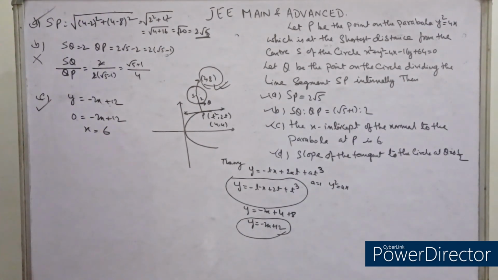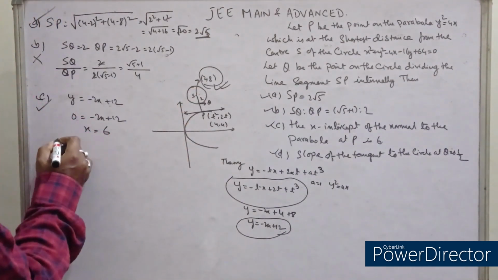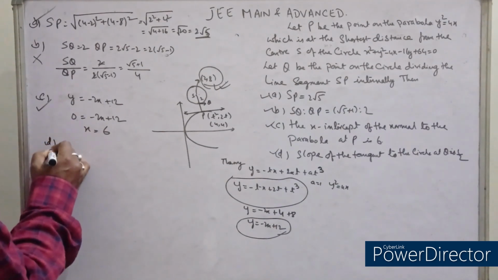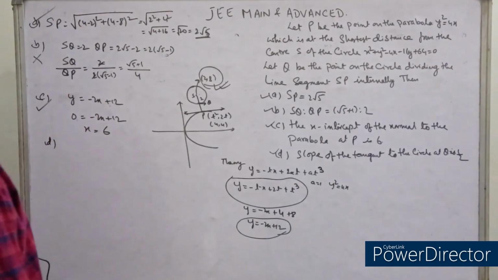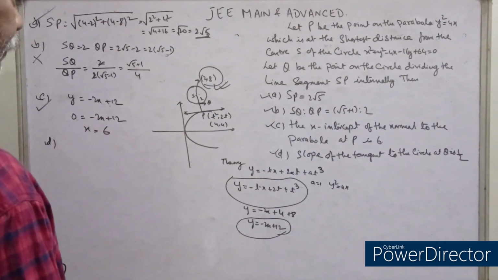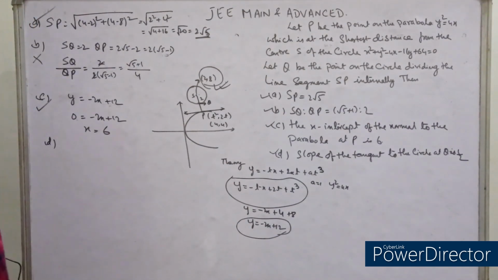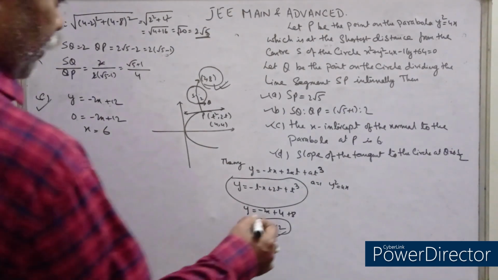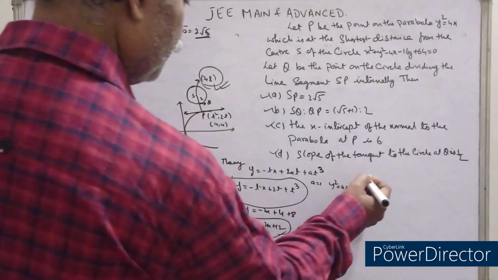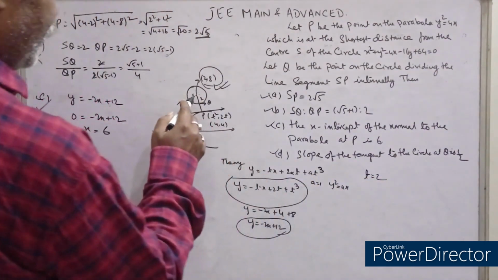Now, let me calculate the slope of this tangent, that is option D. I got the value of t equal to 2, as you have seen in the calculation too, because this normal passes through this center.